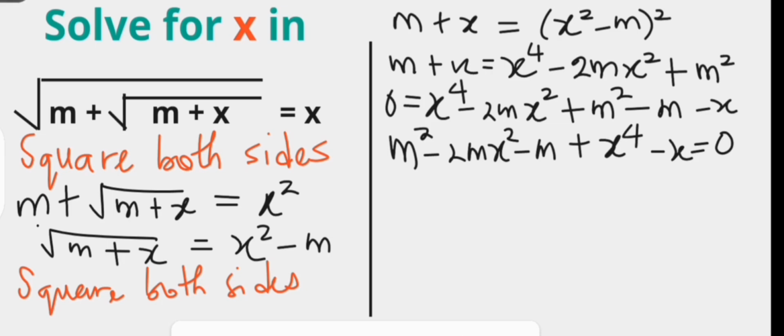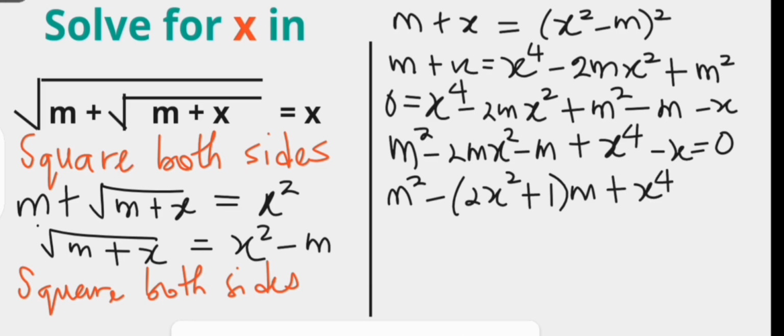Factoring m from the two terms after the first term, the equation becomes m squared minus, in bracket, 2x squared plus 1, with m factored out, then plus x raised to power 4 minus x equals to 0.